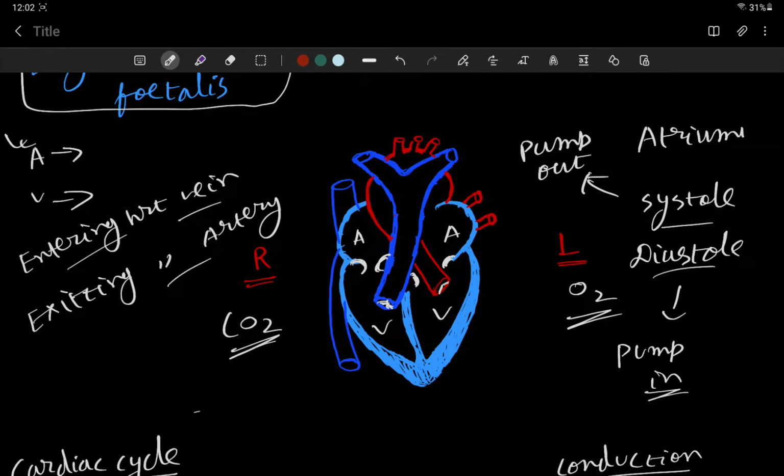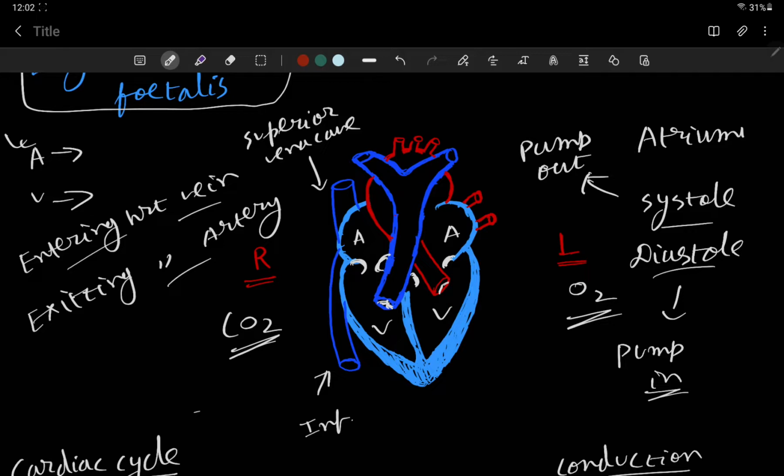Okay? So at first, what happens, let's see. This is called the superior vena cava. As this is entering the heart, this is called a vein. The upper section is called superior and the lower section is called inferior vena cava.